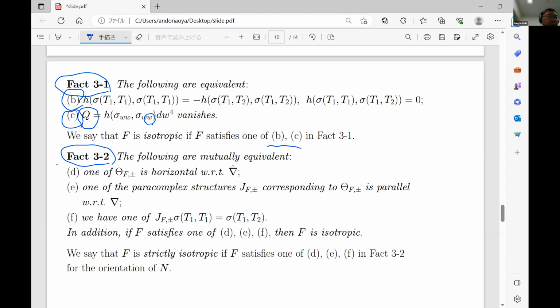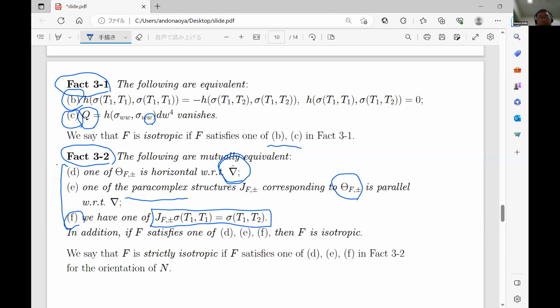Fact 3.2, the following are mutually equivalent. Condition D, one of the time-like twistor lifts is horizontal with respect to nabla hat. Condition E, one of the paracomplex structures corresponding to the lifts is parallel with respect to nabla. We have condition F, we have one of these relations.